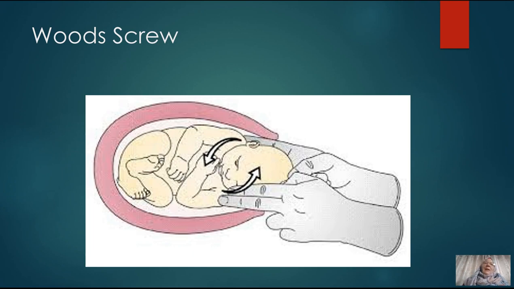All of these maneuvers need force, need commitment, so that they can be successful. And this is what this baby needs at this time. You can imagine that putting force on the shoulders might lead to clavicular fracture, for example.